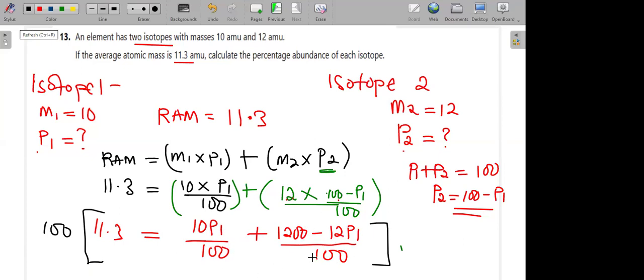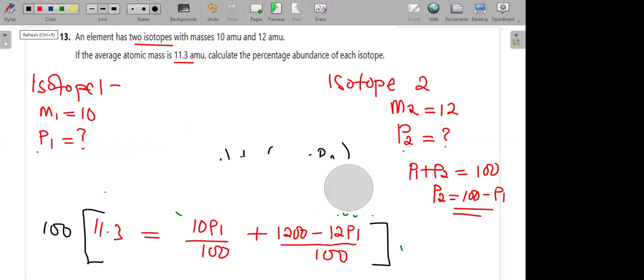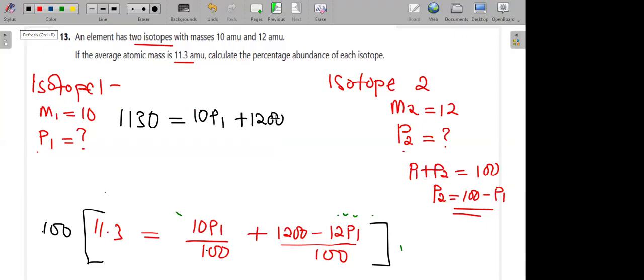I multiply this by 100, this by 100, and this by 100. Here the hundreds are going to cancel out, but on the left it's going to be 11.3 multiplied by 100, which gives me 1130. Then if I multiply the right side by 100, the 100s cancel, so I remain with 10P1 plus 1200 minus 12P1.